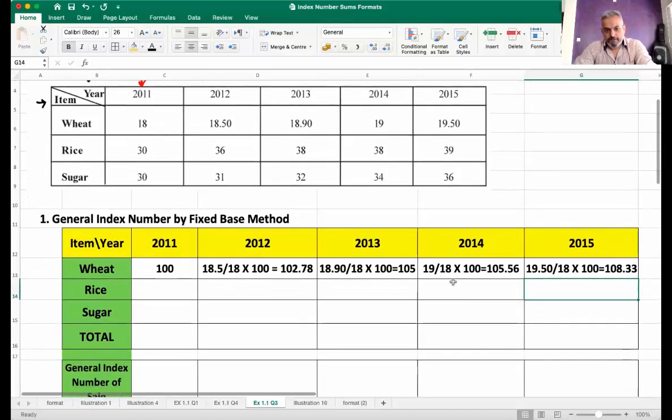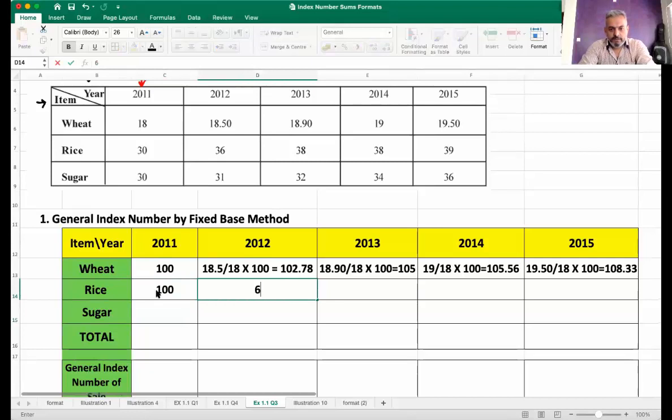Now, this is for the first item, wheat. Rice: 100. Now 36 divided by 30 into 100 is equal to 120. Then 38 divided by 30 into 100 is equal to 126.67.